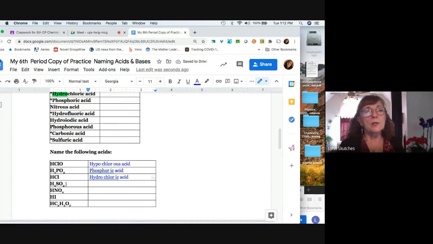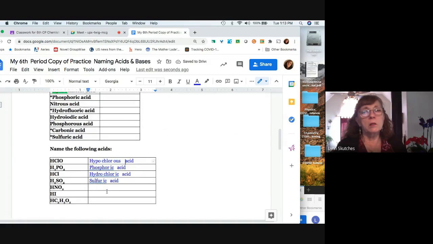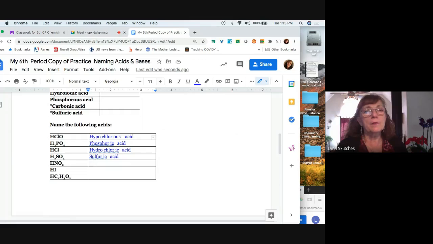SO4 is sulfate, so this is sulfuric acid. In reality, the ic is attached. I'm just doing it to be goofy, okay? And this is nitrite, so this is nitrous acid.